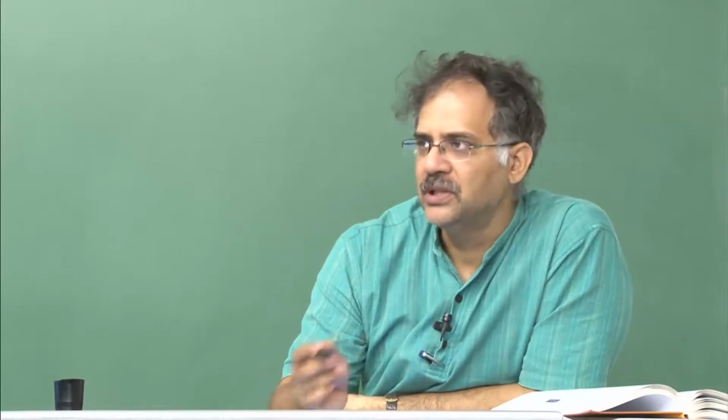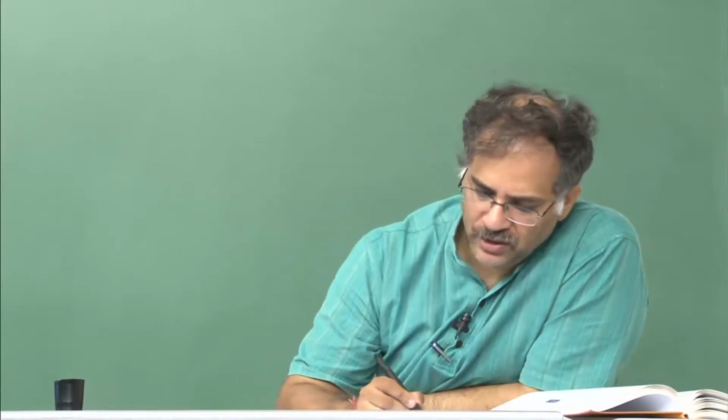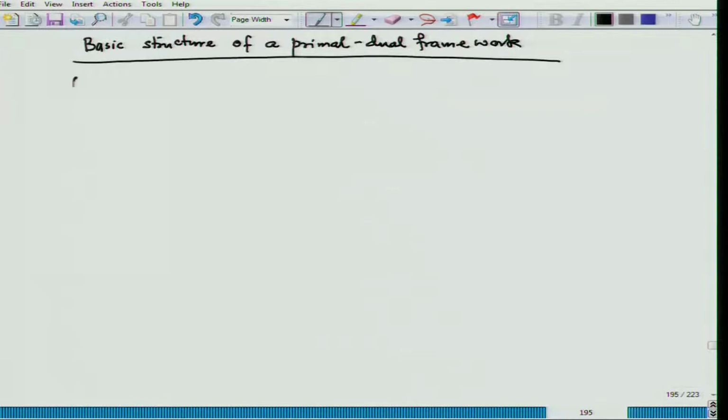So, in general, given any x, y and s, I do not know whether they are actually primal feasible or dual feasible. So, in general, x, y, s is given, which may or may not be feasible.